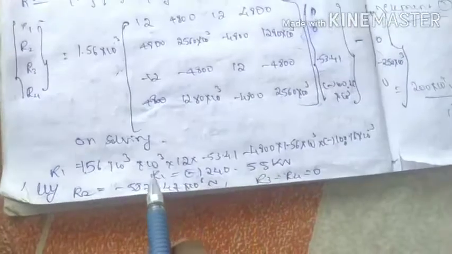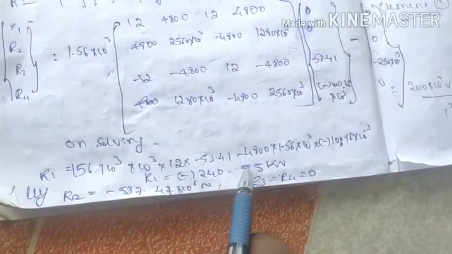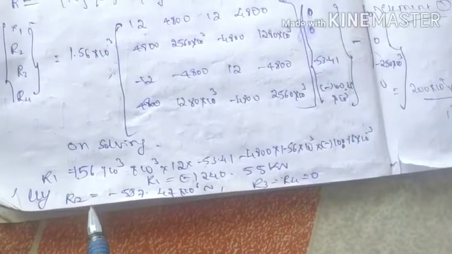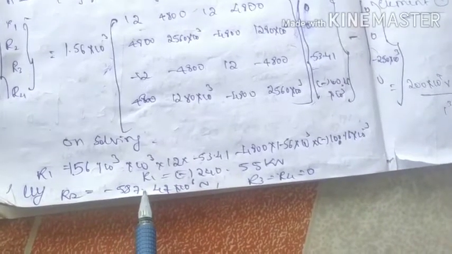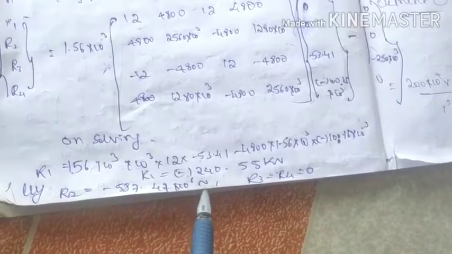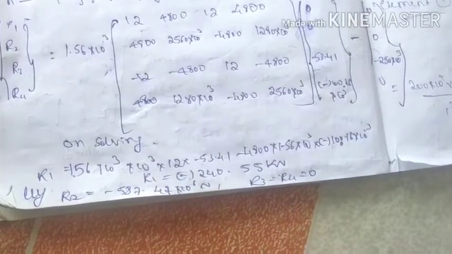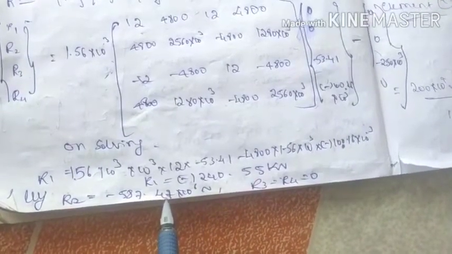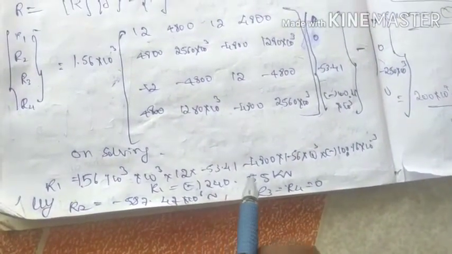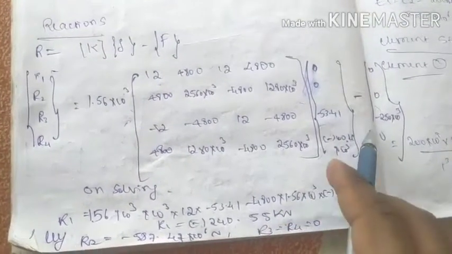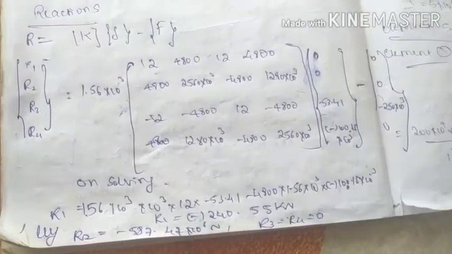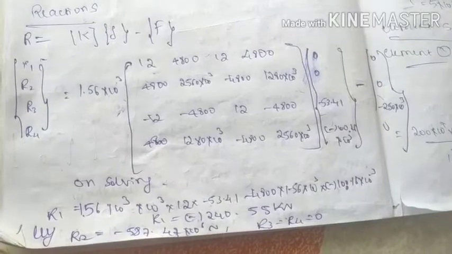Like that you have to calculate. Then you will get R1 as minus 240.55 kilonewton and R2 as minus 587.47 into 10 raised to 6 Newton, and R3 R4 are 0. Now if you add these two, you will get the applied load, that is 250. Then your problem is right. So this completes the first problem.